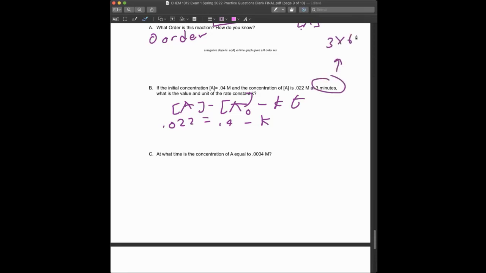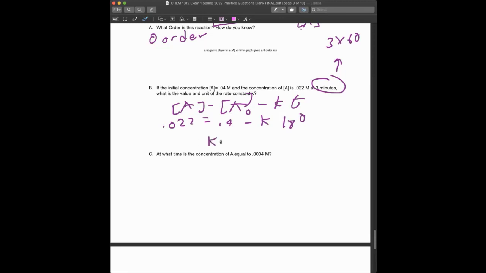If you remember from the chart, A is equal to A initial minus KT. So 0.02 is equal to 0.04 minus K, which we don't know, times T. T is always in seconds, so don't forget to convert that. 3 times 60 is equal to 180, right?